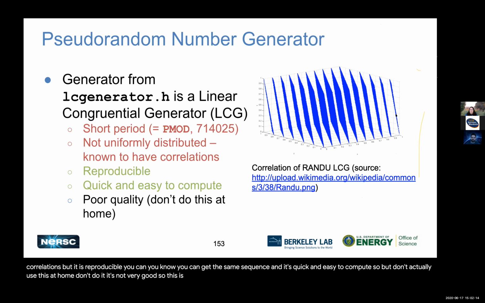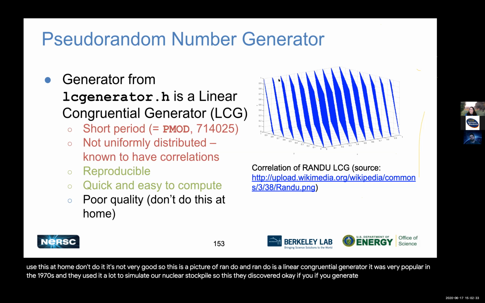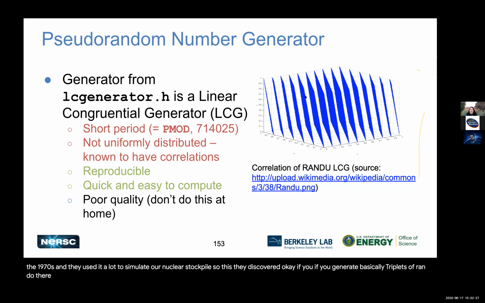This is a picture of RANDU, and RANDU is a linear congruential generator. It was very popular in the 1970s, and they used it a lot to simulate our nuclear stockpile. They discovered that if you generate triplets from RANDU, they all lie in these planes.